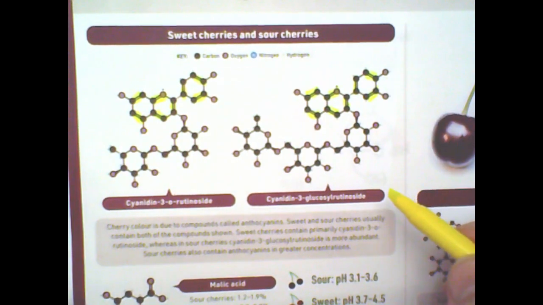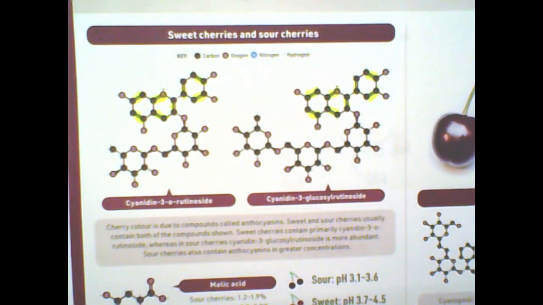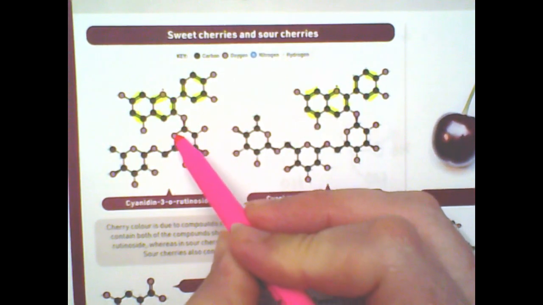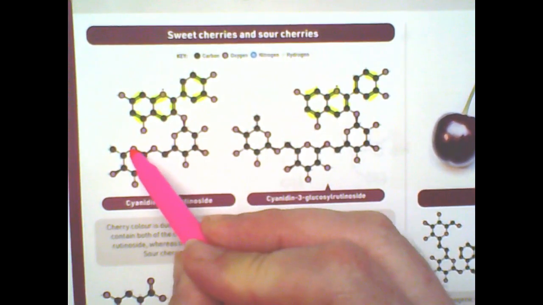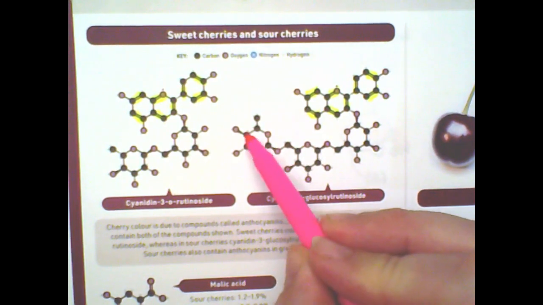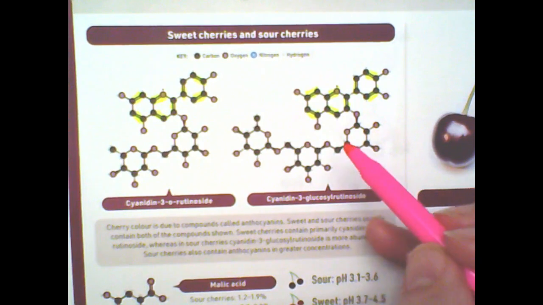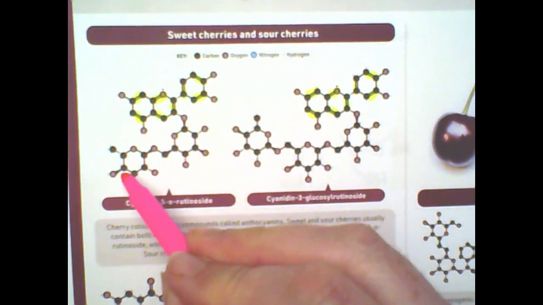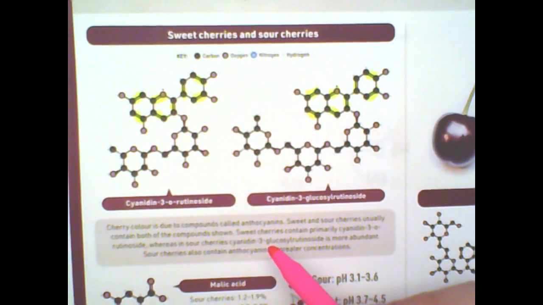So those are not sugars, but when you look here, there's a 6-membered ring with an oxygen in it, heterocyclic, because it's not just carbon in the ring, it's also got oxygen, and there are no double bonds. So we've got 5 sugars that we're looking at here.